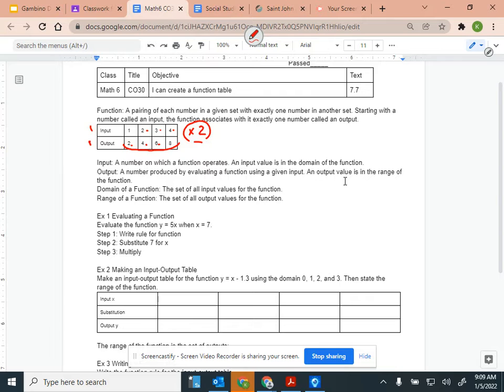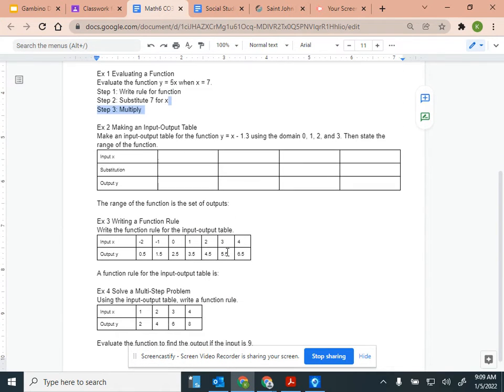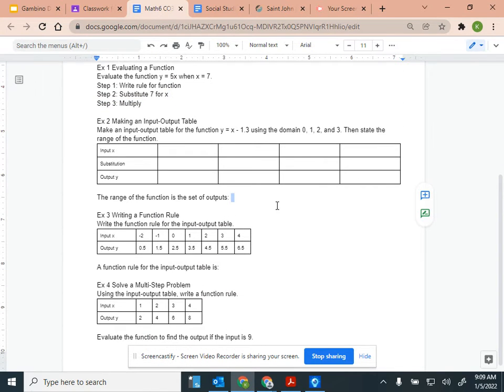So let's look at evaluating a function. It's not going to move up with my finger. So evaluating the function. If y equals f(x) when x equals 7, so we're going to write a rule for that function.